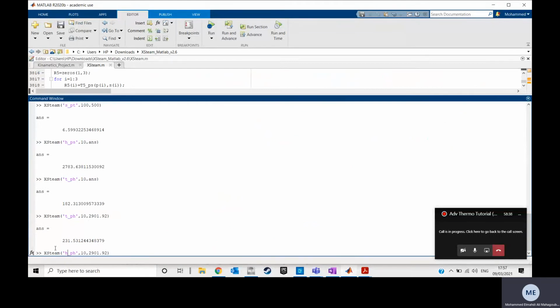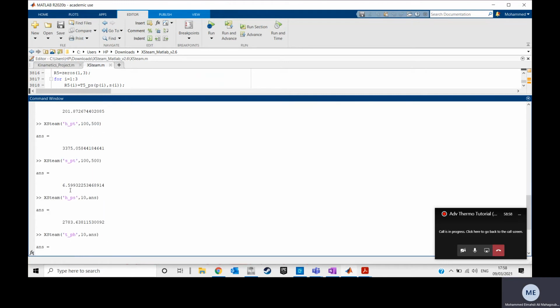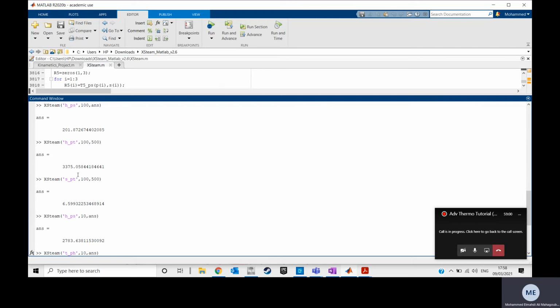You want H, given pressure and temperature, pressure of 10, temperature of 500. And now this is the H. Remember that it is higher than the H that you got before. This is 3.4, and this is 6.5. So where was it? 3.375. Yes, because this one has higher pressure than this one with lower pressure.